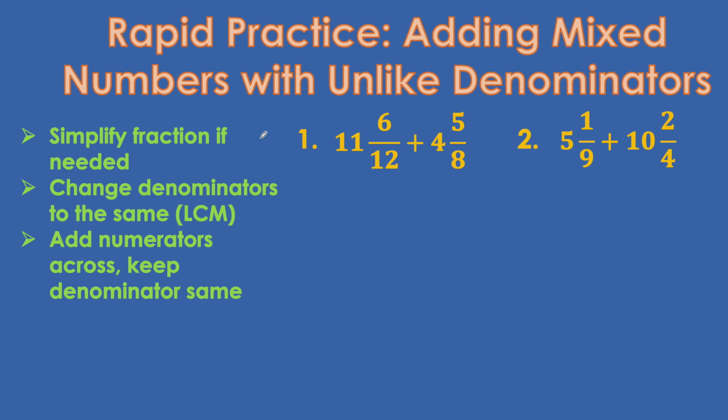We have our steps listed here in case you need a refresher. We're going to simplify the fraction if needed. If any of these two fractions can be simplified, simplify them first. The first fraction is able to be simplified. Let's rewrite this. 11 and 6 over 12, we can divide top and bottom by 6. Divide by 6.